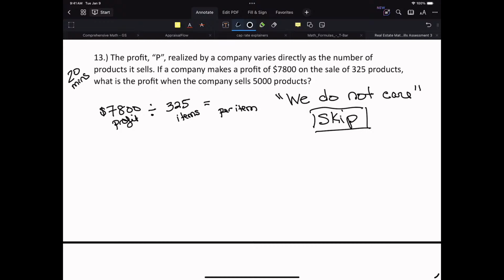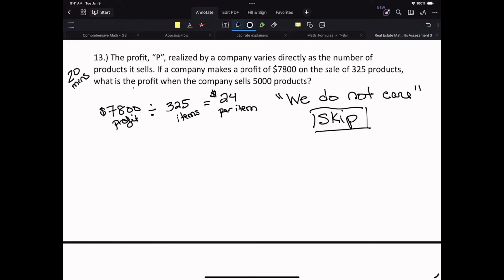If you made $7,800 and you sold 325 items, we could find out an amount per item. How much profit did you get off each item? So I'm going to take $7,800 divided by 325. And that means there was $24 in profit per item.